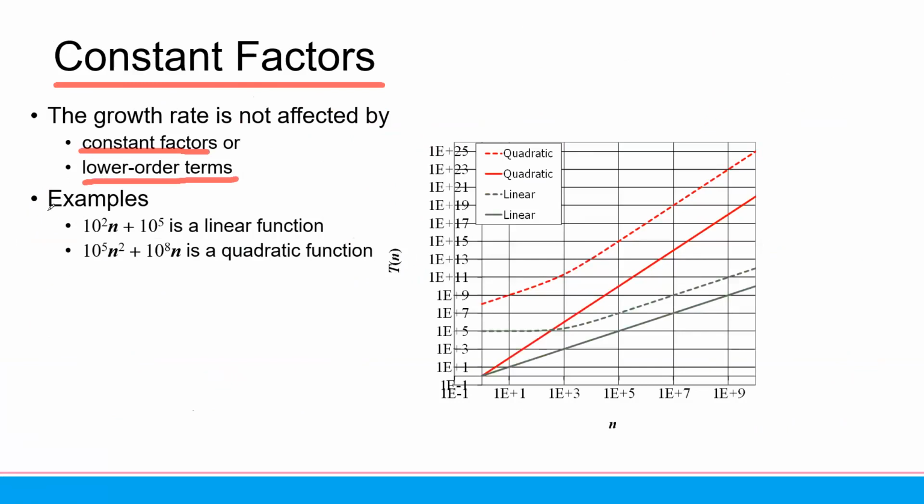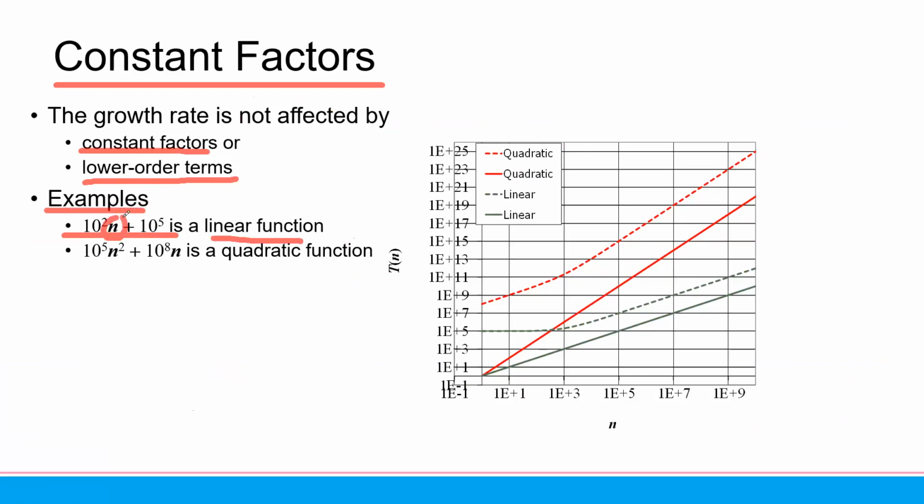For example, if we have this one, it is a linear function. Why? A linear function always has only n.